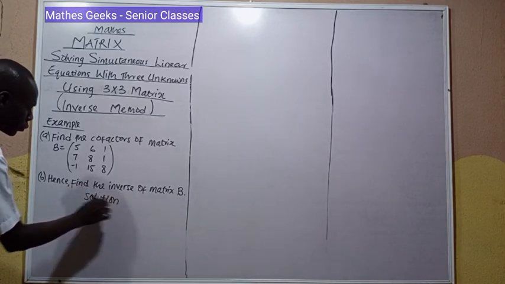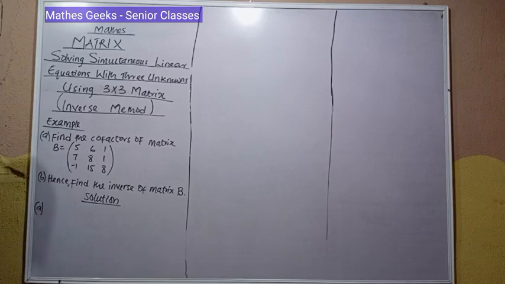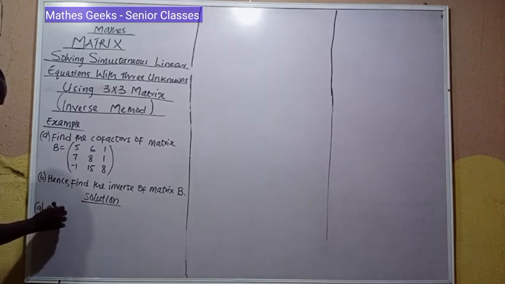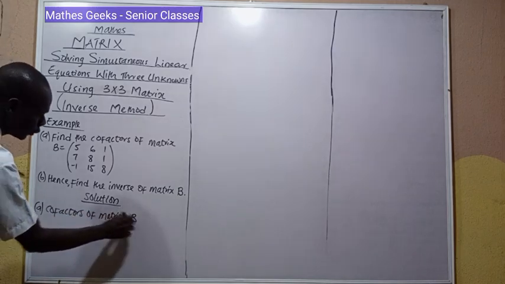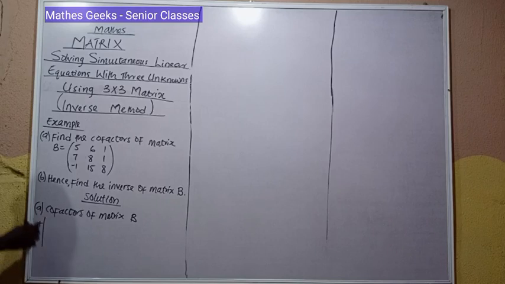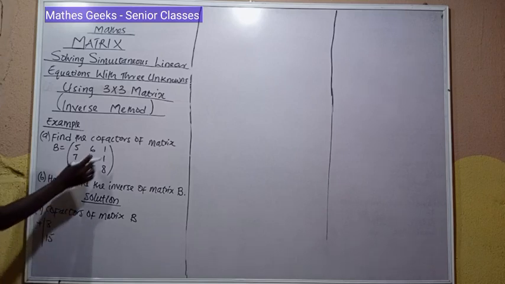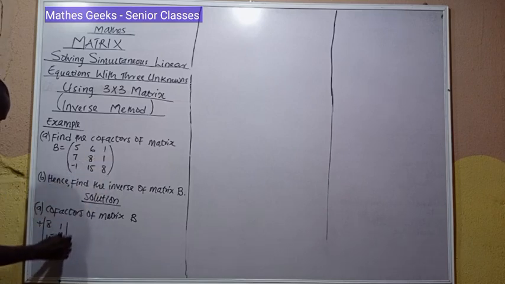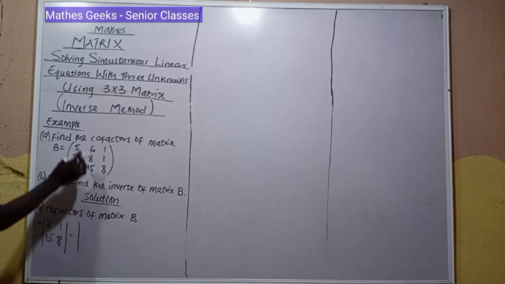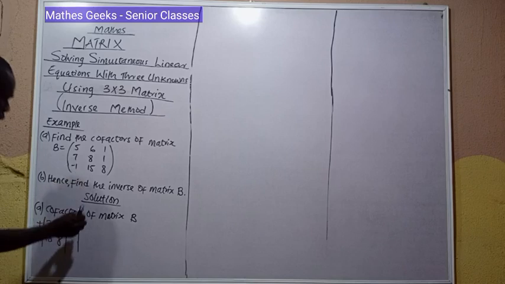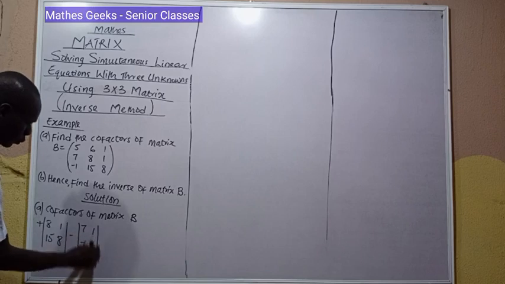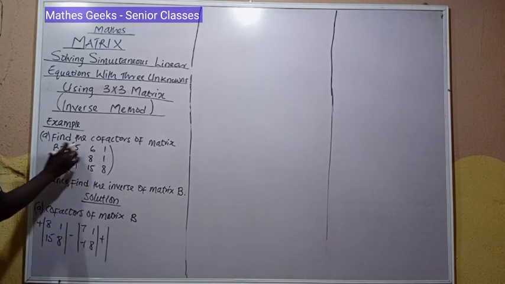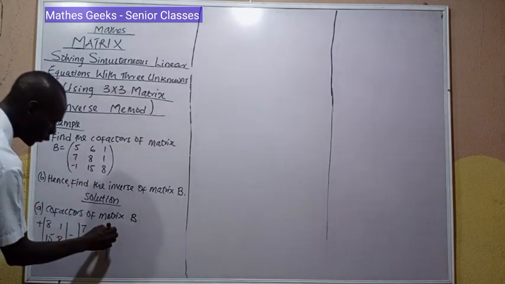Solution. A, cofactors of matrix B. Plus the first row, first column: 8, 15, 1, 8. Minus first row, second column: 7, minus 1, 1, 8. Plus first row, third column: 7, minus 1, 8, 15.